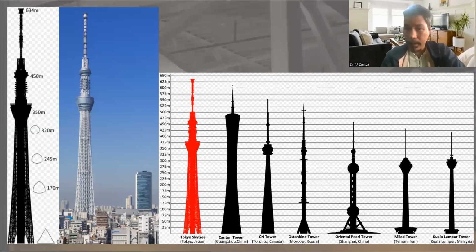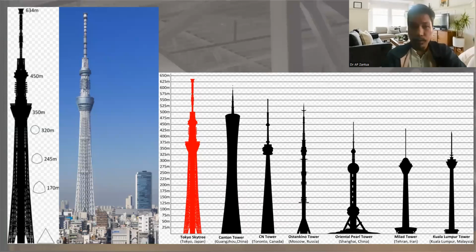Those are the different towers that are popular currently. This is the actual photo of Tokyo Sky Tree.